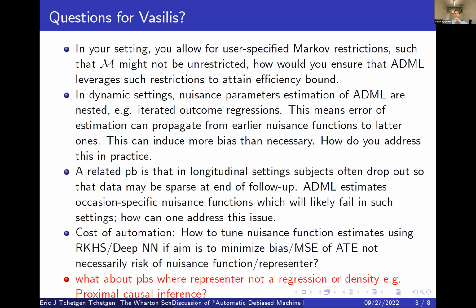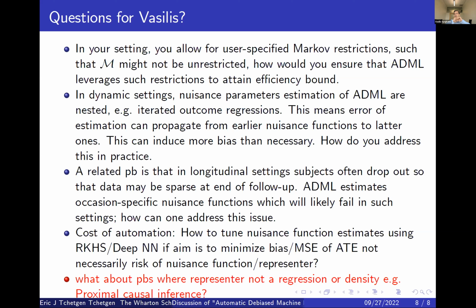You can do that by explicitly restricting your Riesz representer to have this form, to be partially linear, and then most probably you'll get the efficiency. I don't know how to generalize that fully. In general, I think you can prove some theorems. If your G falls in some nice class of families, then it suffices to estimate the Riesz representer within the same space G. That's actually something that you can show.